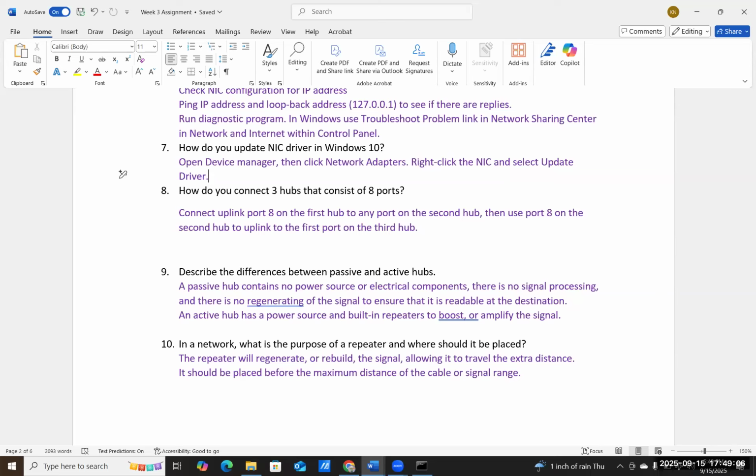For the active hub, it contains a power source and it has a repeater, right, to be able to extend the signal further, right? So if you have the choice between the two, which one is more reliable? The active hub. It's able to repeat the signal, so that way you have a little bit higher probability of getting the data that you intended to send.